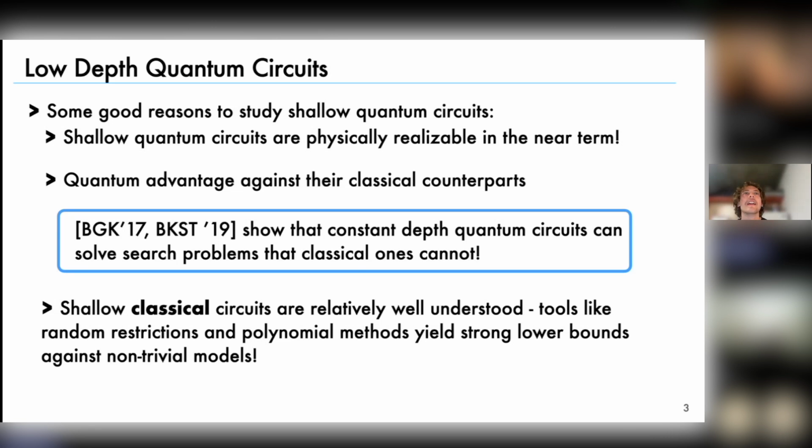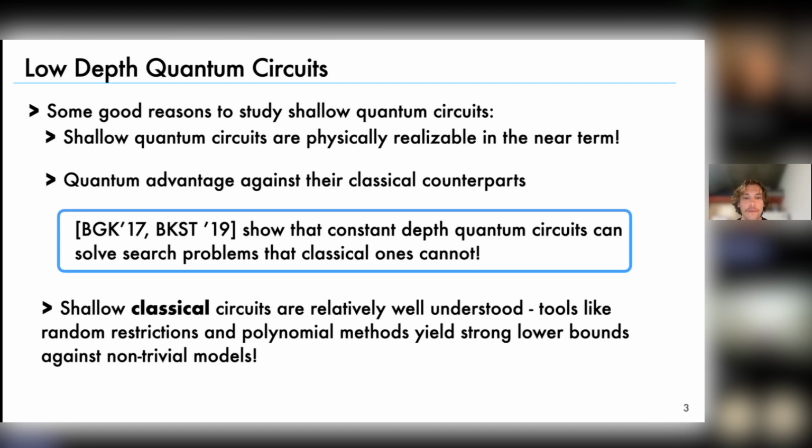The final reason is more of an intrinsic complexity theoretic motivation. In the classical world, people have studied and have some understanding of the landscape of what these classical circuits can do. In the 80s and 90s, there were a large number of works first showing that AC0 can't compute parity, and then showing that AC0 with parity gates can't compute mod 3, for example.